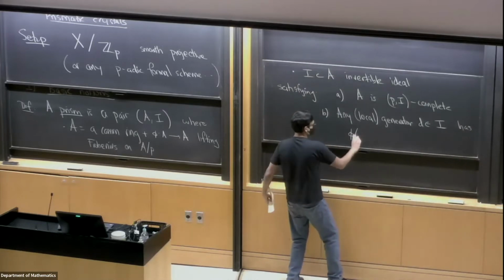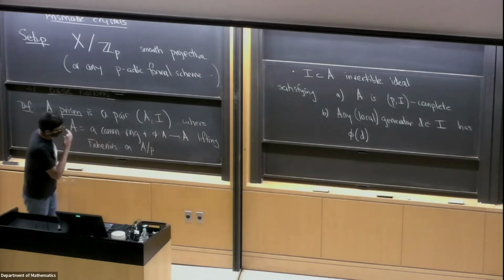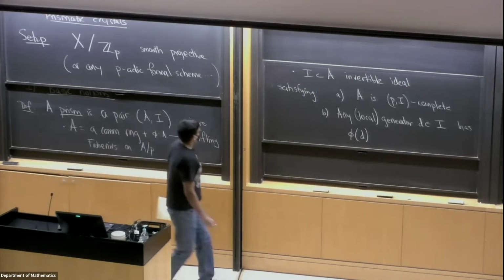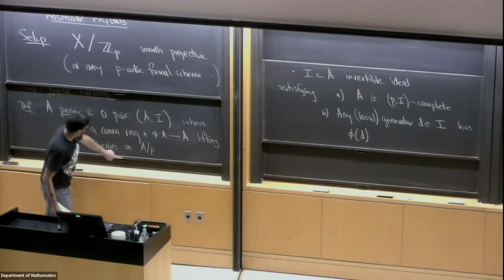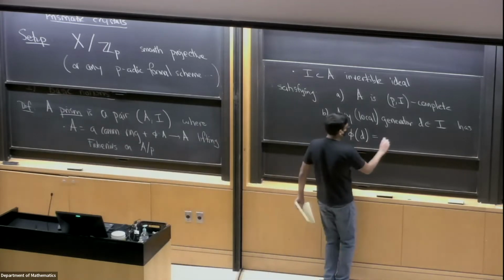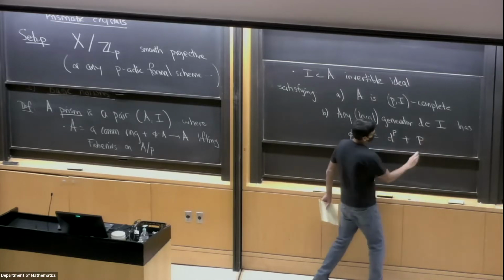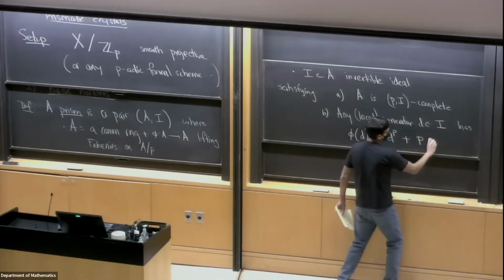I can take my Frobenius endomorphism, or the lift of the Frobenius, apply it to d, and since phi is supposed to lift the Frobenius on A mod p, I know that this expression has to look like d to the p plus p times something, and the condition I'm demanding is that it's p times a unit.